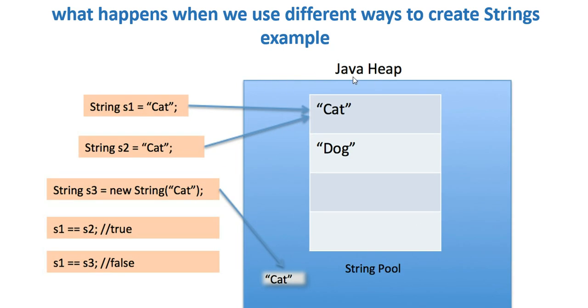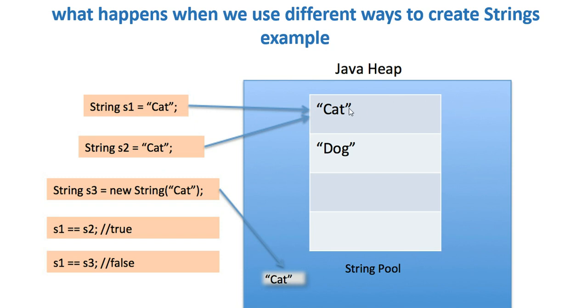So this is what is happening. We have our Java heap space here. This is our Java heap space. We say string s1 is equal to cat, right? We have that cat. Then we say string s2 is equal to cat. Now it says, no, my brother, what are you saying? Do we have something called cat in our string pool or in this heap space?